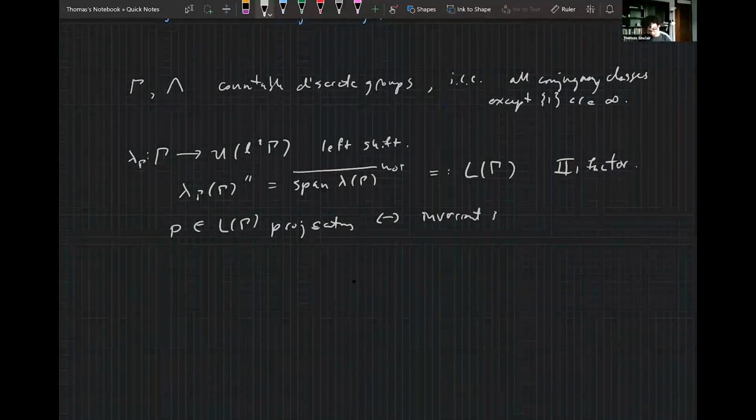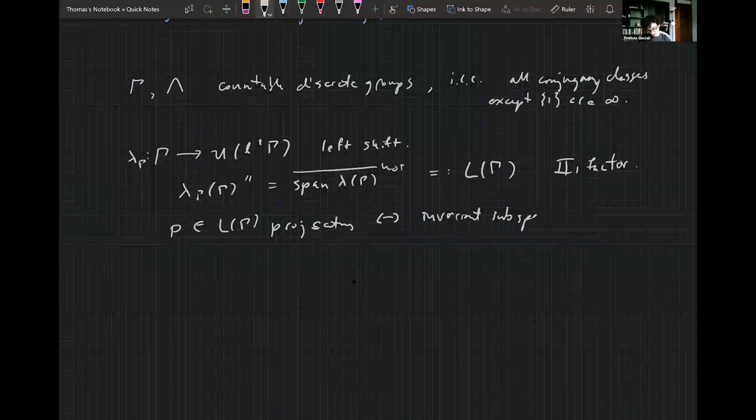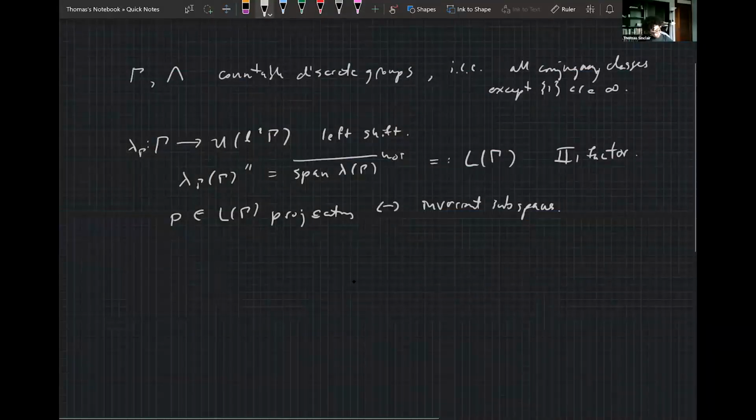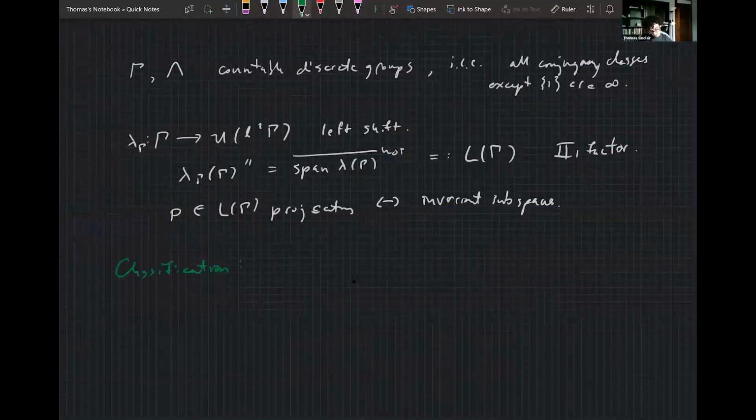If you're interested in the representation theory of a countable discrete group, this is always a canonical representation, and this von Neumann algebra really tells you how this decomposes. So the big overarching goal is to try to classify these things.